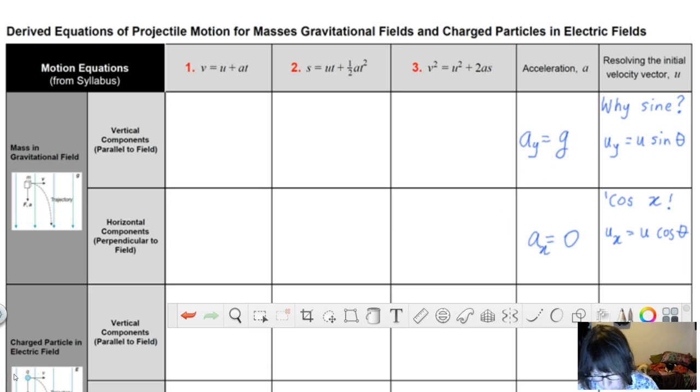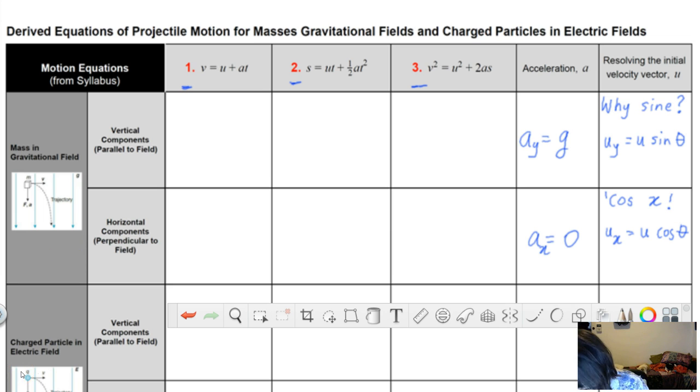So let's move over to the left here and have a look at these motion equations that are given in the syllabus. There's 3 of them. And recall, when we're analysing projectile motion, that the horizontal and vertical motions are independent of each other and therefore need to be analysed independently.